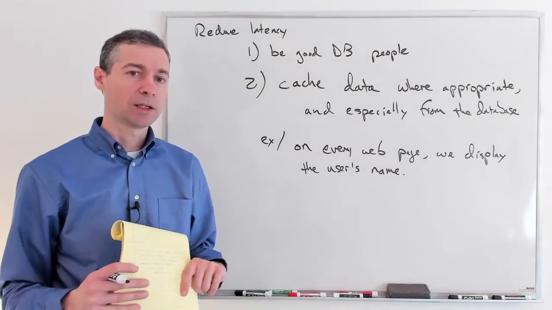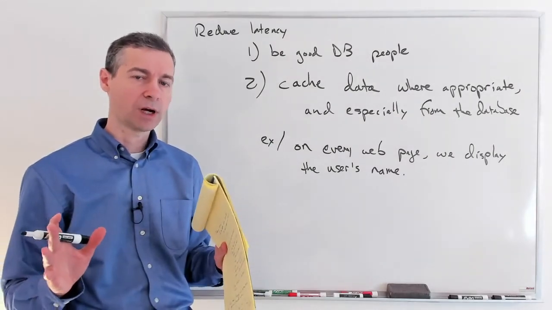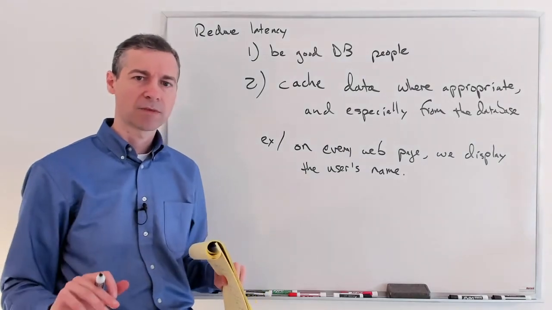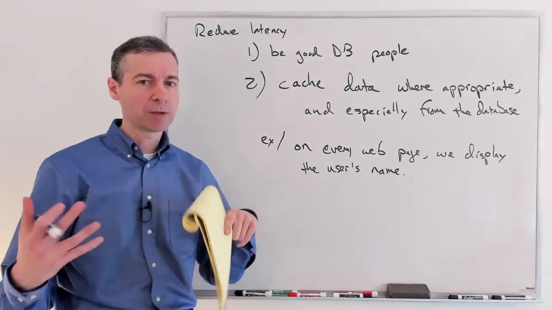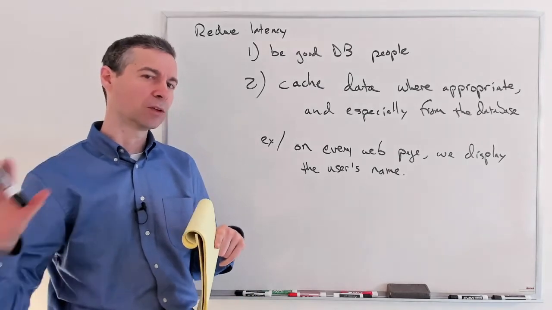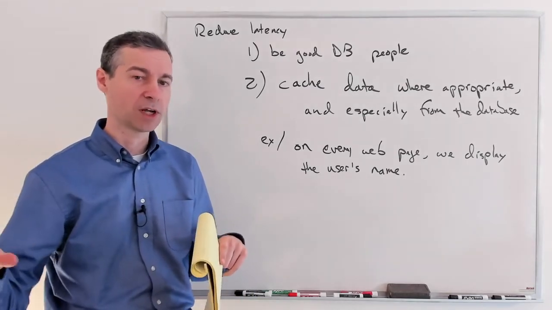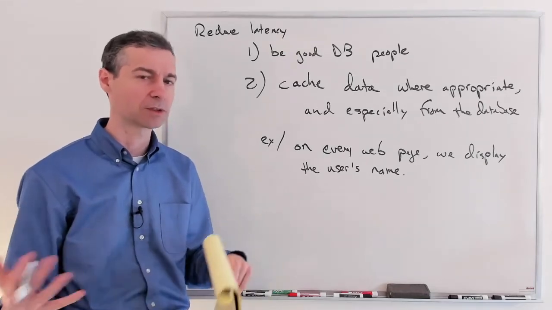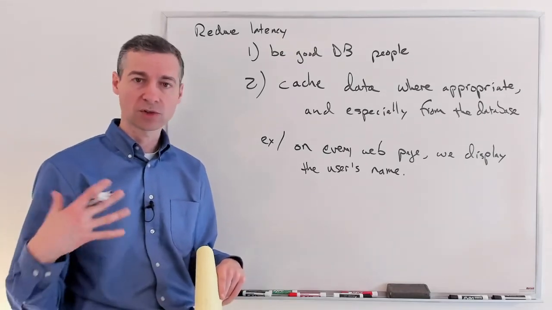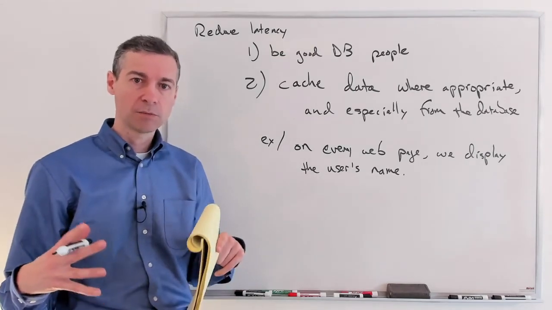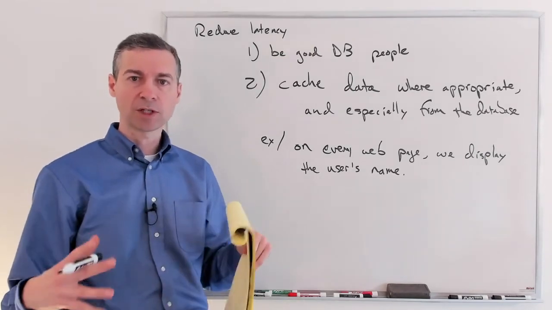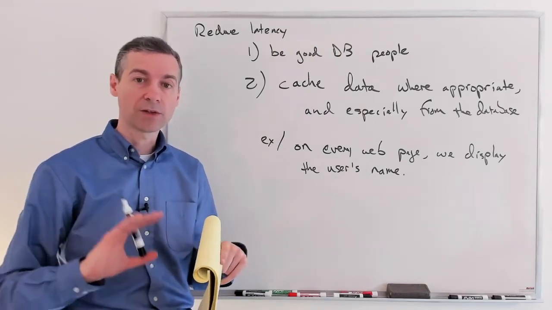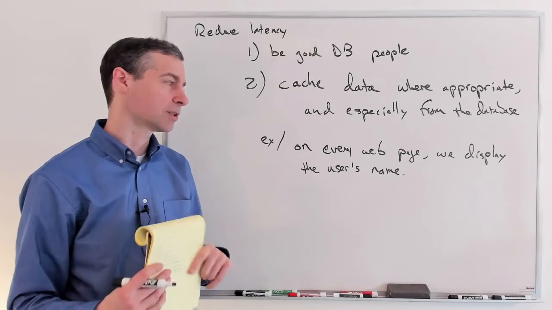There are all these sorts of scenarios where, rather than going against the database constantly, if we know that we'll be able to keep track of when we need to go and look to the database again to see if things have changed, in other words, we should be aware when the user changes their name or something along those lines, we could actually store this data in memory nearby our objects that we want to use, rather than go back to the database all the time.